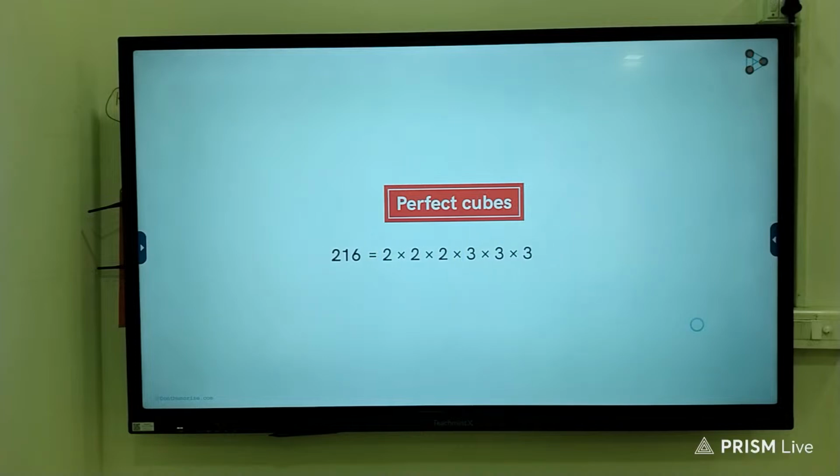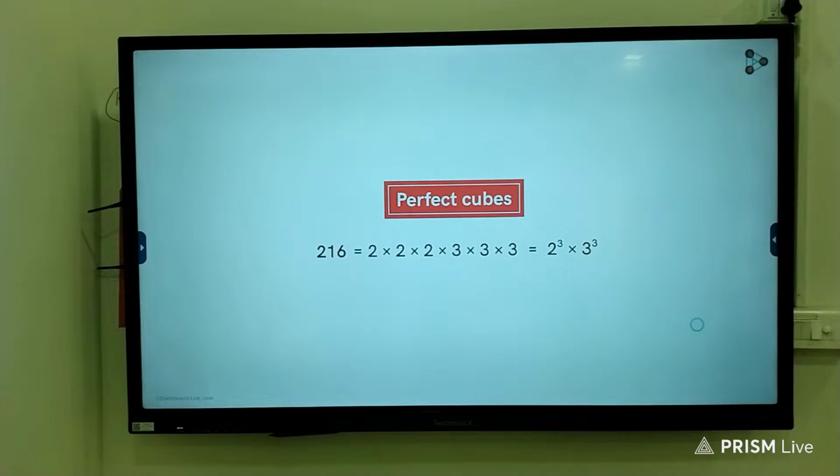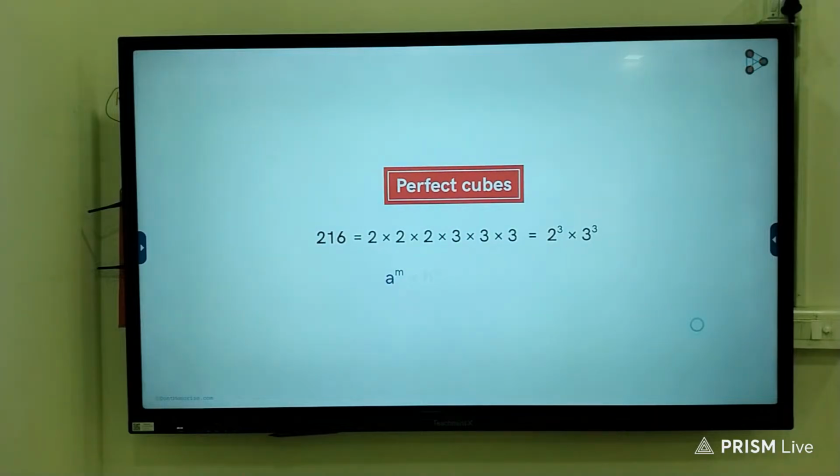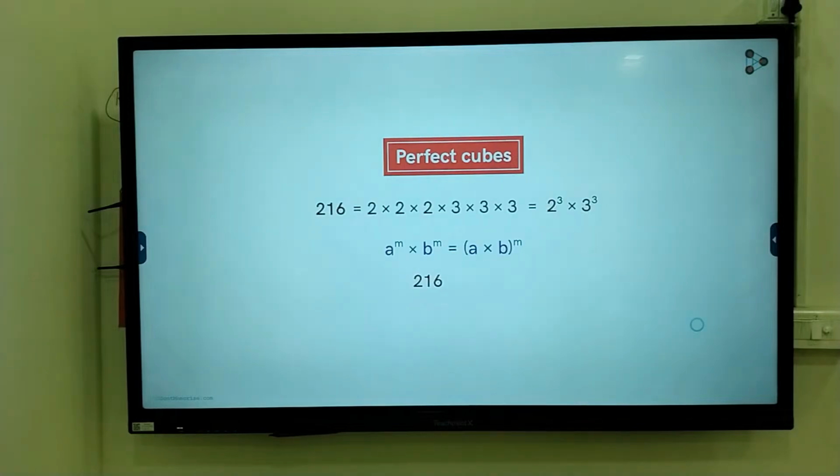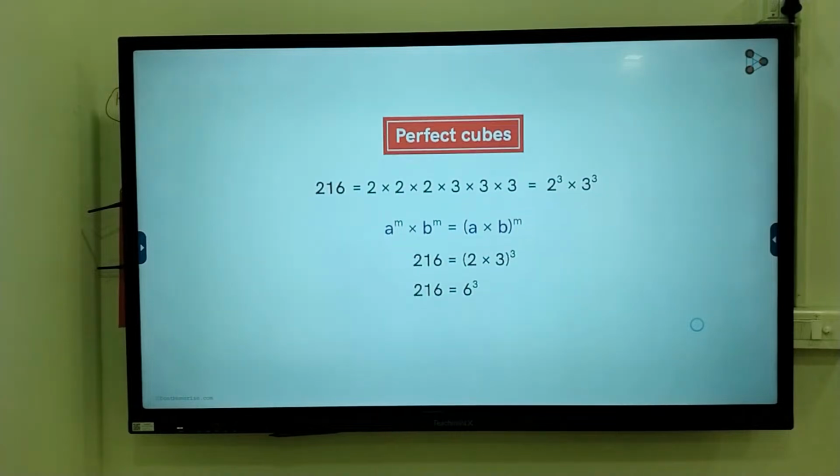Hence, we can write them as 2 cube and 3 cube. Now we know that a raised to n into b raised to n is equal to (a into b) the whole raised to n. Hence, we can write 216 equal to (2 into 3) whole cube or 6 cube. Thus, 216 is a perfect cube.